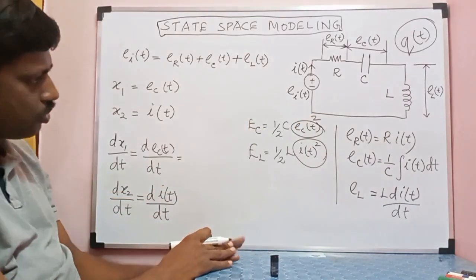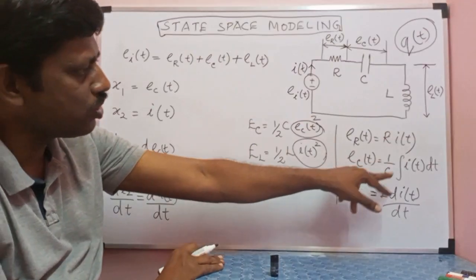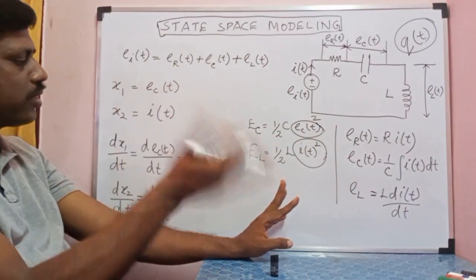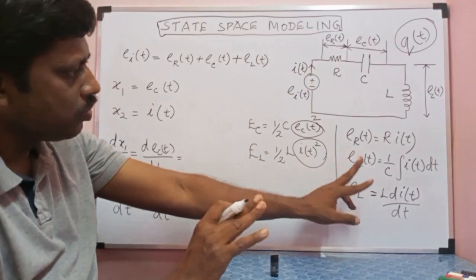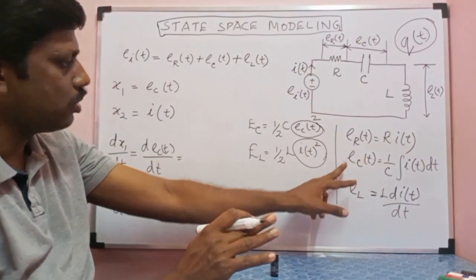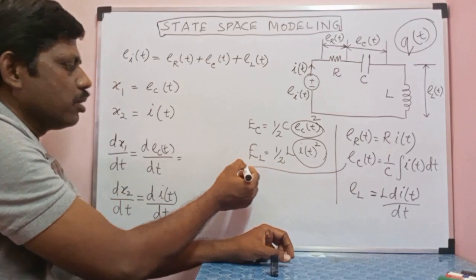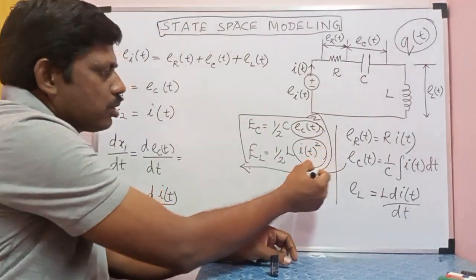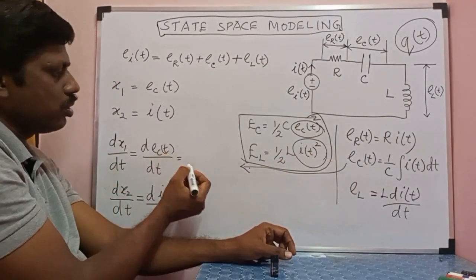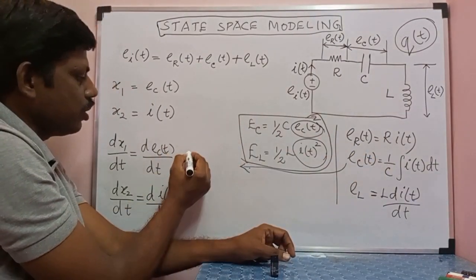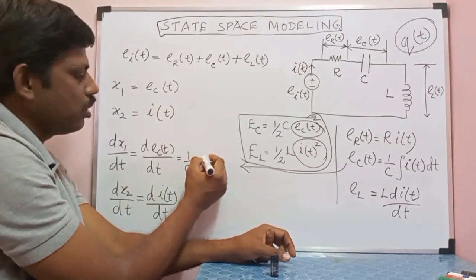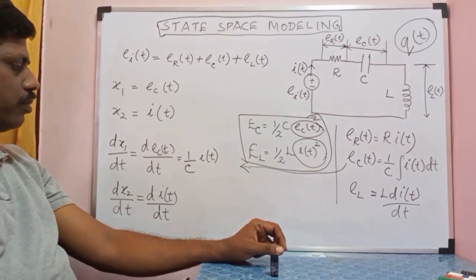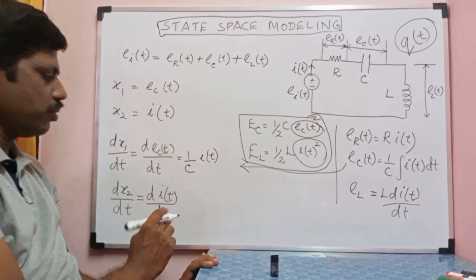Yes, E_C of t is 1 by C integral of I of t, and E_C of t has to be written in terms of input and other state variables. So if I differentiate this, I will get 1 by C I of t. So the first state equation is ready.